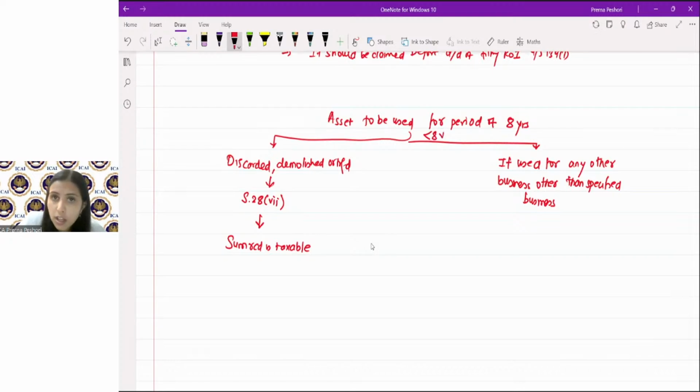This is if it is transferred before 8 years or if it is used for any other business before the 8 years. Right? If it is used after 8 years or transferred after 8 years, then that is fine. Right? So in that particular case, there will be deemed profits and gains from business or profession under section 35AD(7)(a).